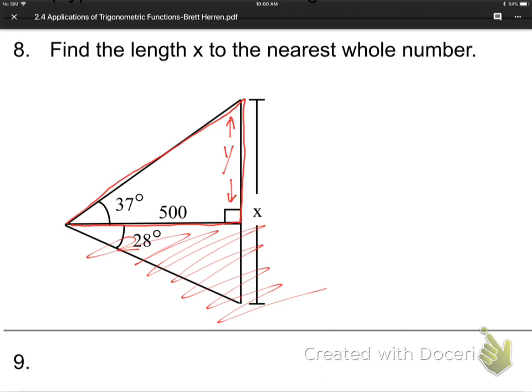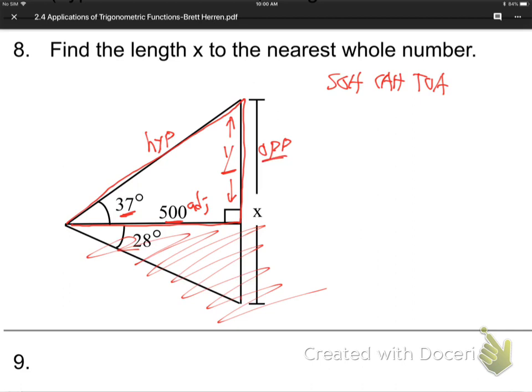Using the 37-degree angle, thinking about SOHCAHTOA, what trig relationship would involve that? What trig relationship involves the 37-degree angle, the Y, and the 500? Tangent, yeah, because this is the opposite side, this is the adjacent, and this is the hypotenuse, from the 37-degree angle.